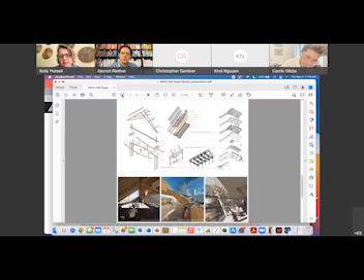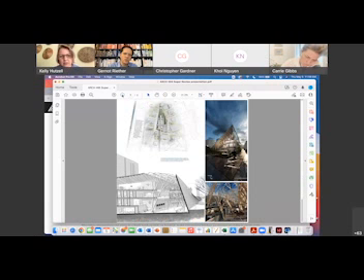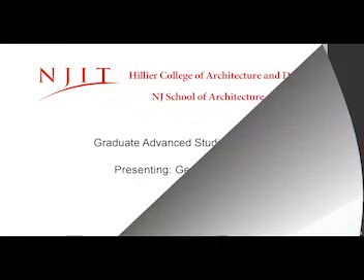The different aspects of heavy timber, this very unique or iconic idea of the branching of the structure. And lastly, the site plan and views of the interior. So I will end there and turn it over to Gernot to talk about 505G.